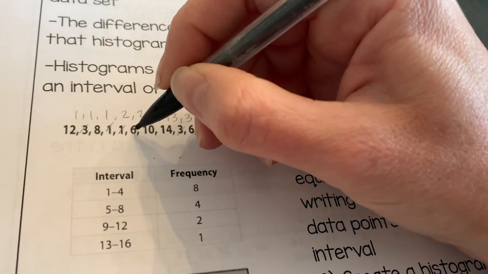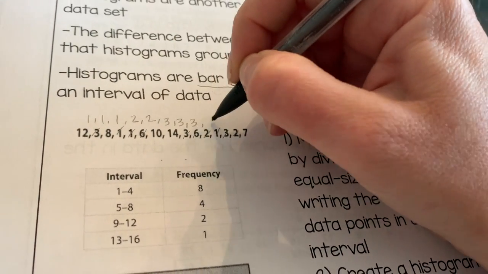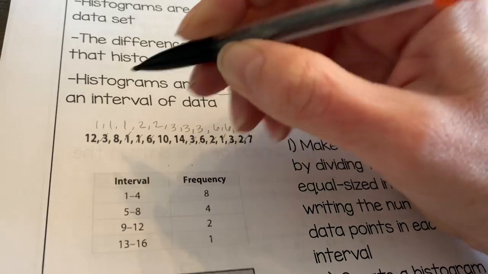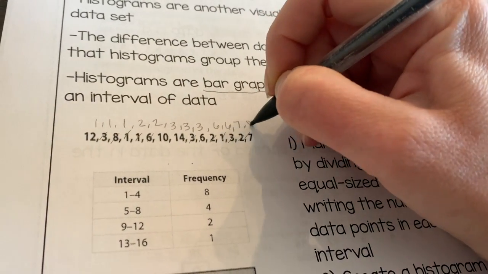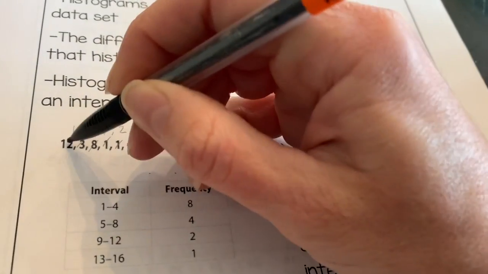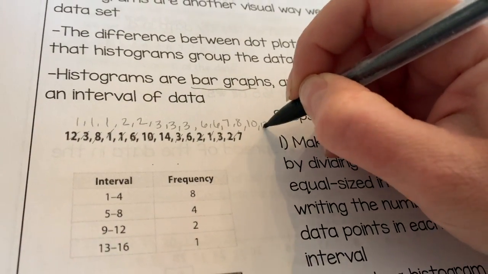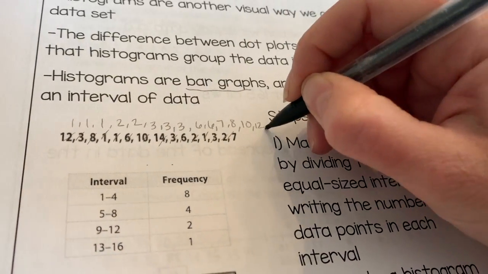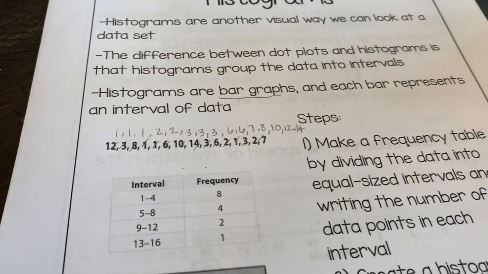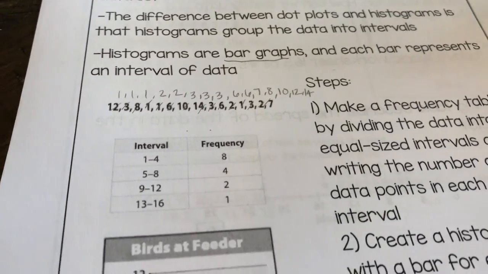Sorry, having a hard time seeing this. There's 2 6s, and a 7, and an 8. And then we have 10, 12, and 14.